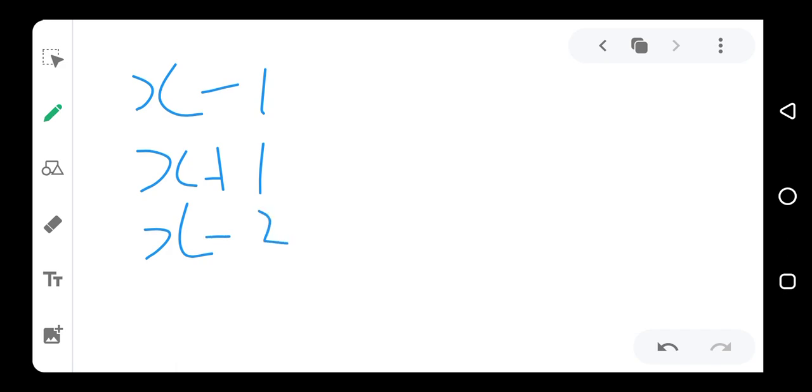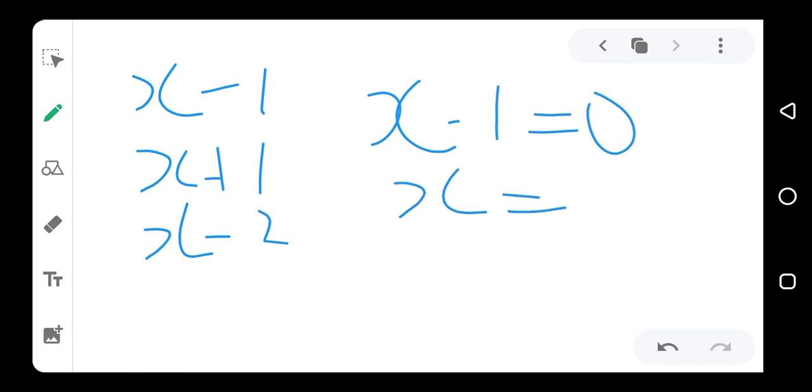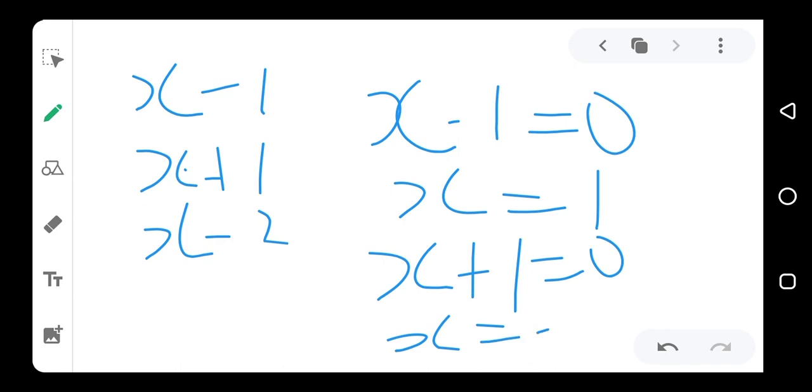If you have x minus 1, using the quadratic law, it means that x minus 1 is equal to 0 and x is equal to 1. For x plus 1, it means that x plus 1 is equal to 0 and x is equal to minus 1.